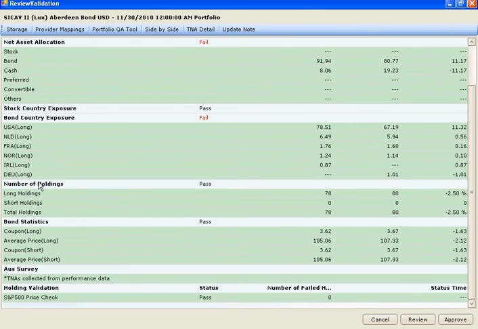You see number of holdings, the last period holdings and this period holdings. We compared these two figures to see whether they are correct.